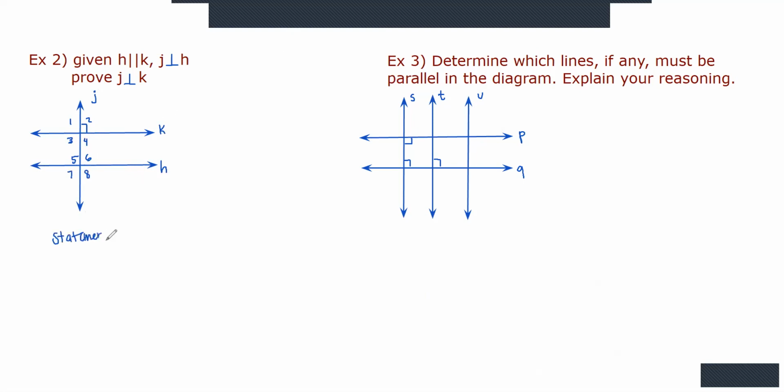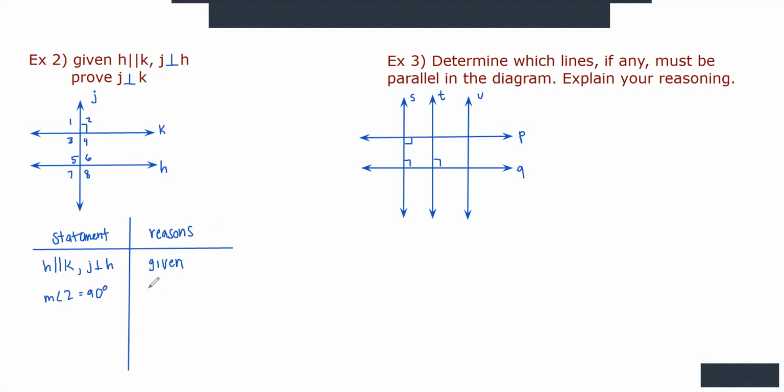In our two column proofs, we have our statements on one side and our reasons on the other side. So we're going to write down our given statements first, that H is parallel to line K and J is perpendicular to line H. The next thing we know is that the measure of angle 2 is equal to 90 degrees because this is the definition of perpendicular lines.